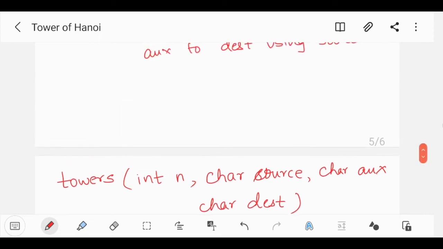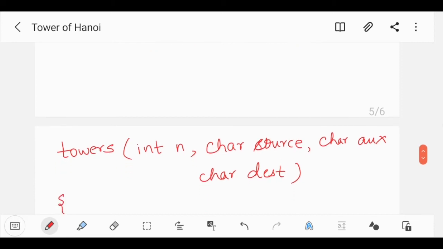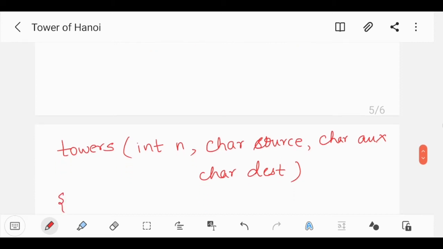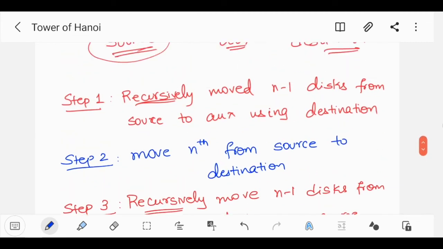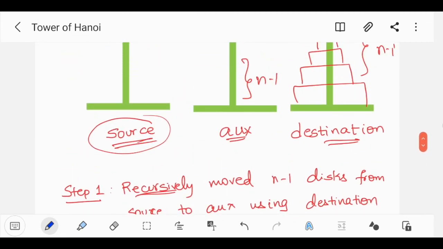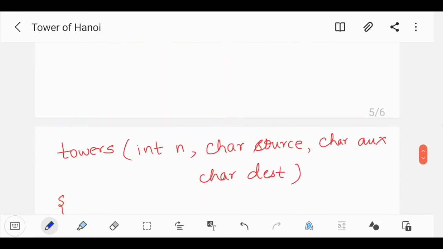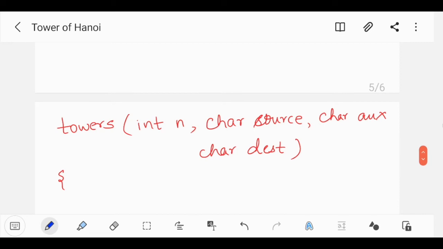So when you call it in your main, we could actually give names to these pegs, right? I say they have to be characters. So I could say this is peg source A, and this destination is B, and there is an auxiliary peg C, right? So you could give character names to it, but yeah, the variables here are called source, auxiliary, and destination, right?